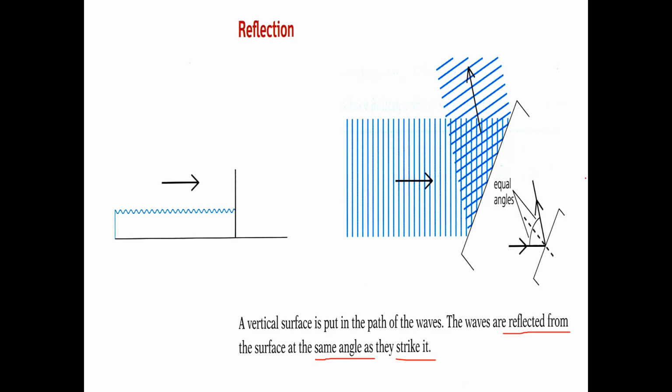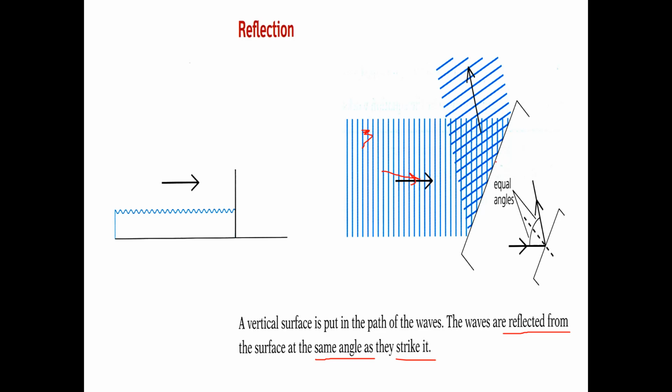How? As you can see here, these are the waves. The waves are moving in this direction. So here we will have a surface that has the ability to reflect the wave. Look what happened. The waves are moving in this direction. They will hit a surface.